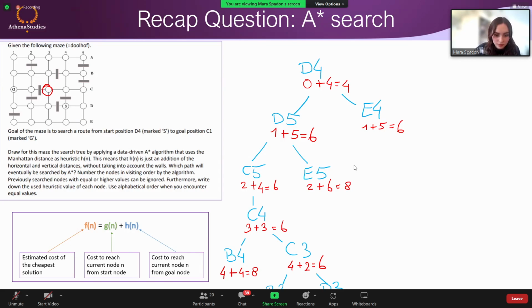5 plus 4. Let's say we're at B3. I want to go to the goal. That's 1, 2, 3 steps. Okay. Yes. So 5 plus 3 actually. And then for D3, what do we get?